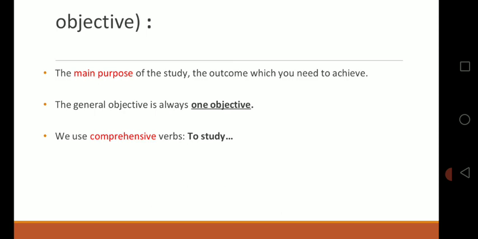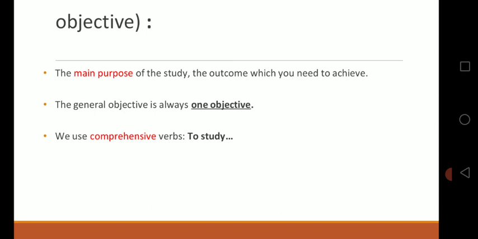The general objective is always one objective. تمام، هو دايما one objective single objective. ما في general objective بيكون فيه كم objective. لا one objective اللي هو the main outcome that you want to achieve or the main purpose of your study. تمام.